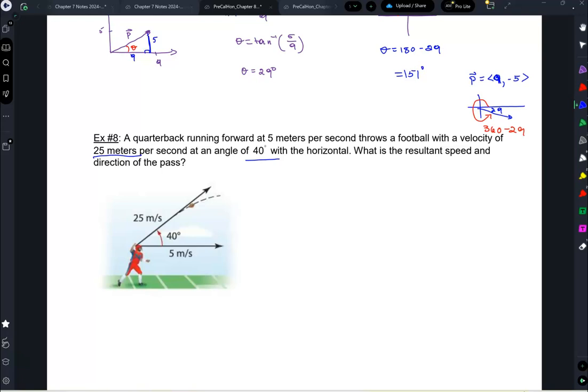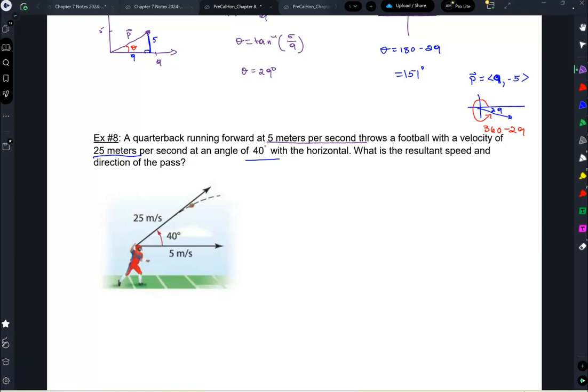So what are we going to do here? Well, there are two vectors. One is this vector of the ball. So the ball is going at 25 meters per second at an angle of 40 degrees. Then there is also the quarterback himself, the player, 5 meters per second running forward.